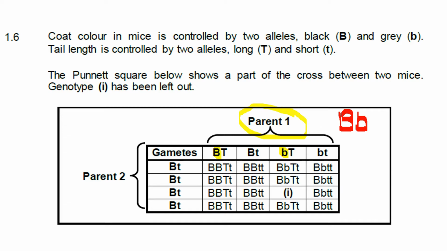And then if we have a look at the T's for the tail, we have 1 capital T over there and 1 small t over there, which means for the second part, we will have a capital T and a small t. Just remember, it doesn't matter how many times the specific capital letter or small letter occurs, it's about how many types there are.